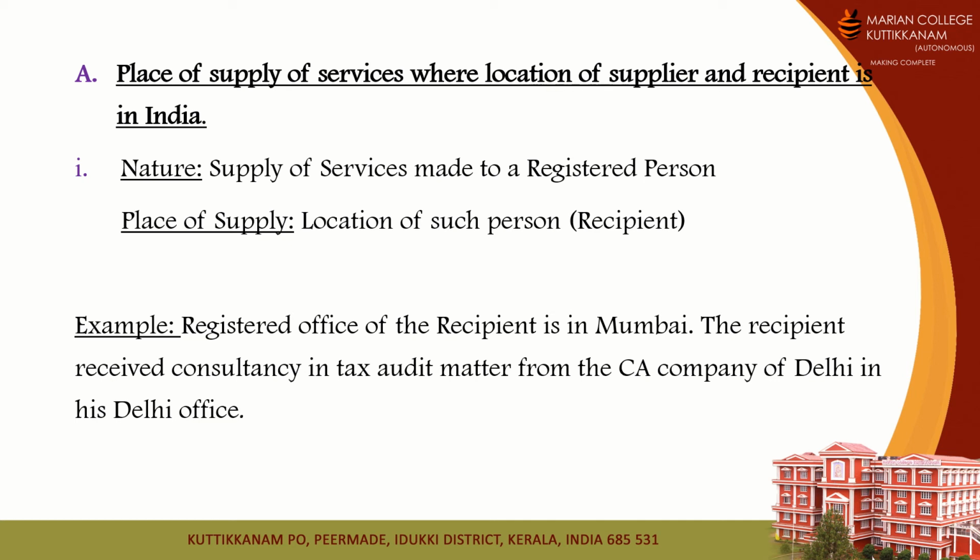The recipient is in Mumbai and received the consultancy services from the CA Company of Delhi, which is situated in Delhi. So what will be the place of supply here? It will be the location of the recipient, so the place of supply will be in Mumbai.